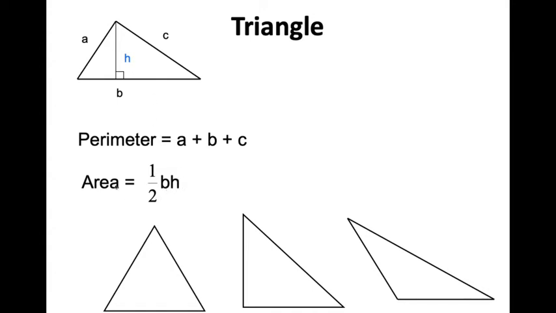By definition, this is called the base, the bottom side of the triangle. So half of the, notice that it's the entire distance, not from here, the entire distance, half of that multiplied by height. So half base multiplied by height gives you the area of a triangle.